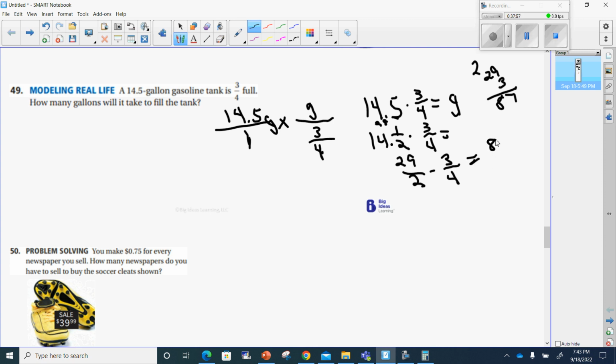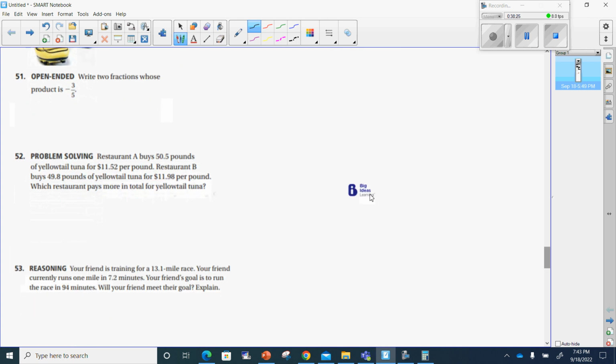So it's going to equal 87 over 2 times 4 is 8. Now I have to see how many times 8 goes into this. It almost goes into it perfectly 11 times if this was 88. So this tells me this is going to be 10 and 7 over 8 gallons.